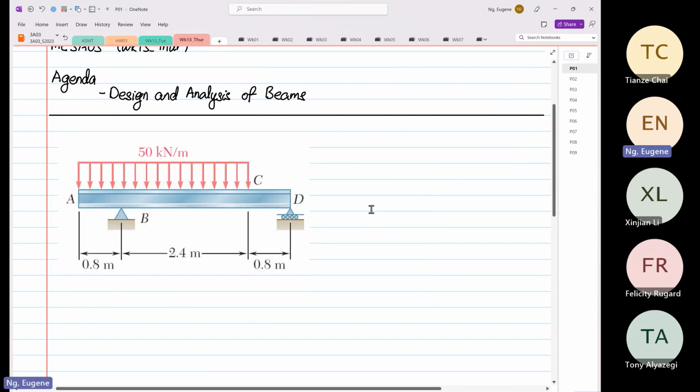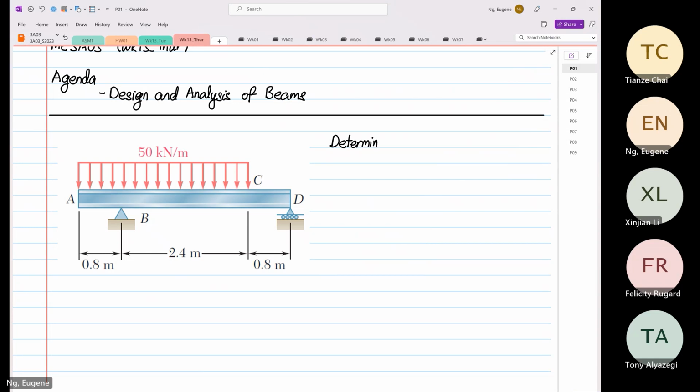This is the structure of our beam, and we are going to determine the maximum principal stresses acting on the beam.